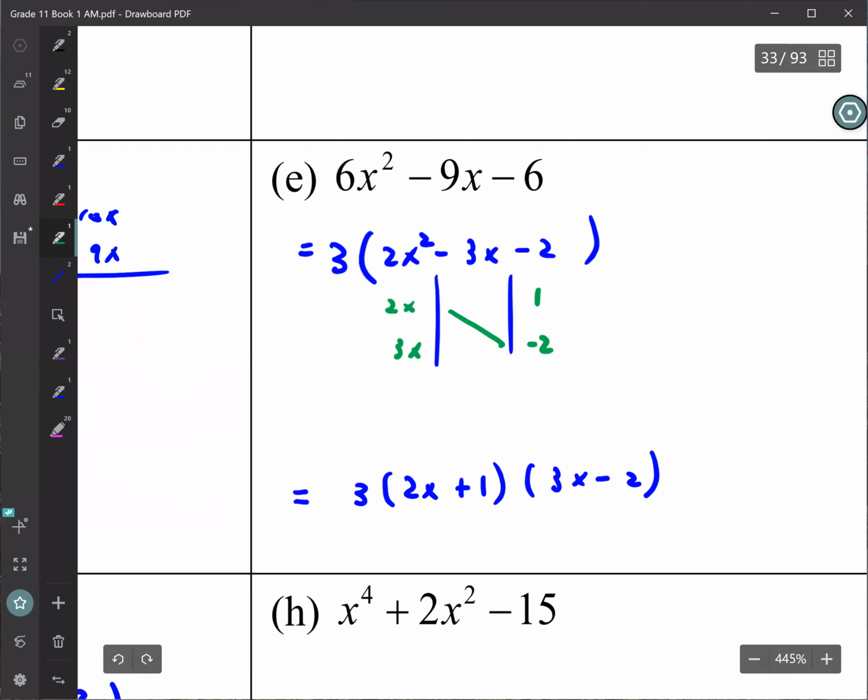That gives you -4x plus x. So -4x plus x gives you -3x. Okay, very good.